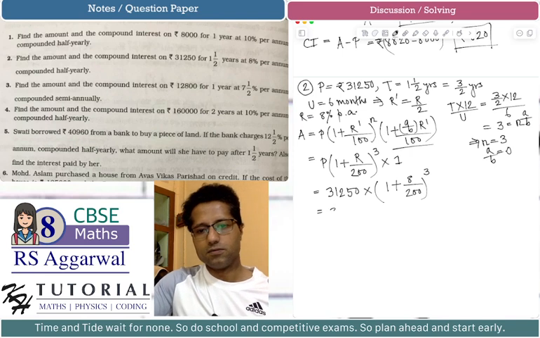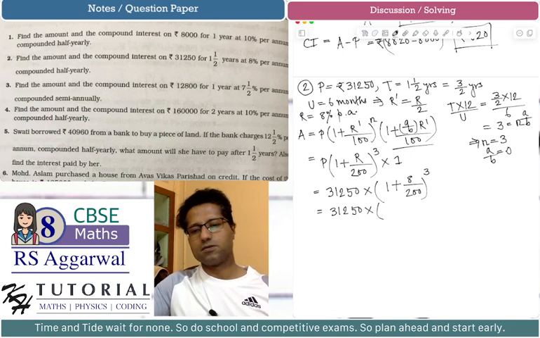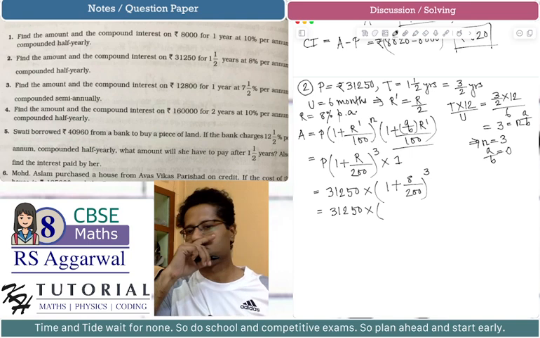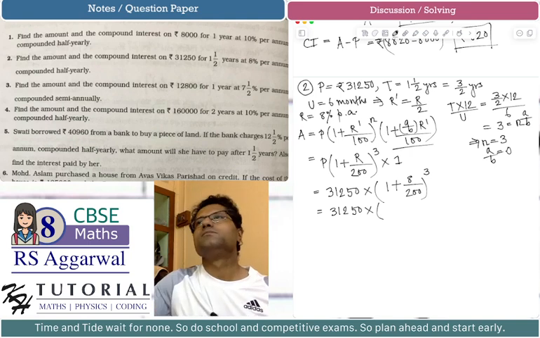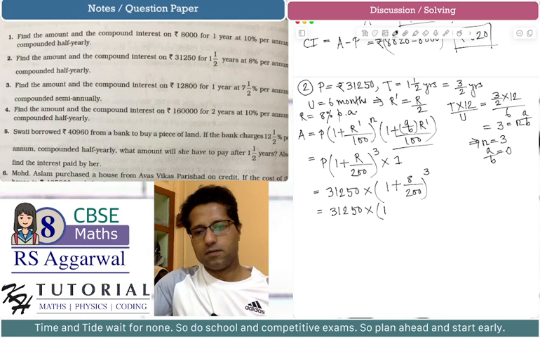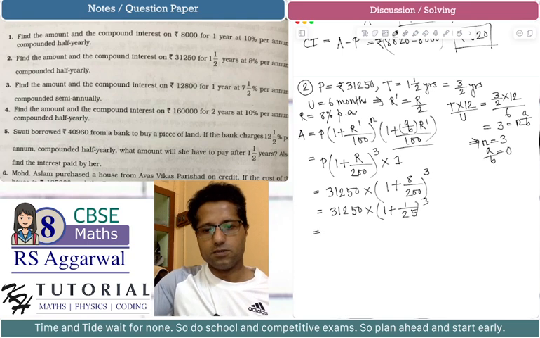This is equal to 31250 multiplied by 1 plus 8 by 200, which is 1 by 25, cube. This is equal to 31250 multiplied by 26 by 25 cube.